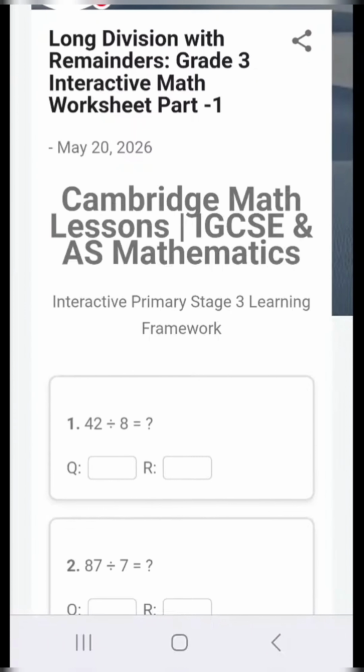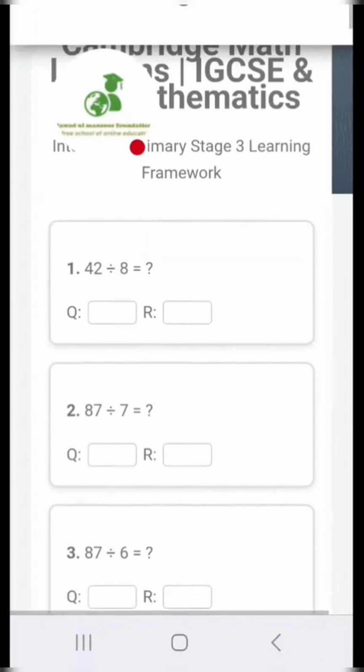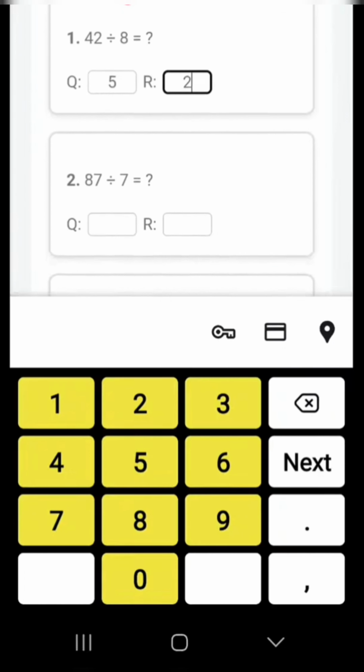You will write the quotient here. I will share the method, and try to do it by yourself and write here. 8 5s are 40, and then the remainder will be, read the 8 table 5 times, the remainder will be how many? 2. 2 will be the remainder. Okay, in this way you have to write it.